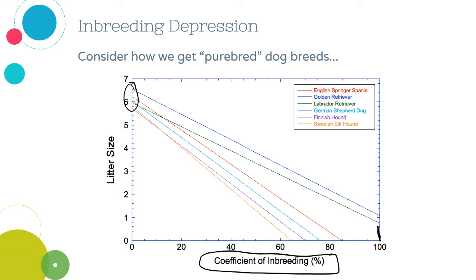The more closely related they get to each other, that drops off to 0. You get no successful offspring in most of these groups if they are more closely related to each other. However, these two still tended to get at least one pup, even if they were siblings.